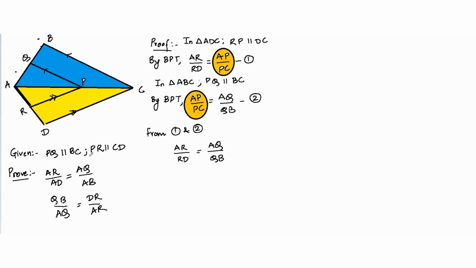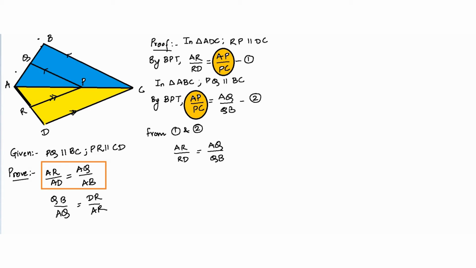Now let me take a pause and see what I really want. I'm trying to prove the first one here. I want AR, I have got AR. I want AD, but I don't want RD.